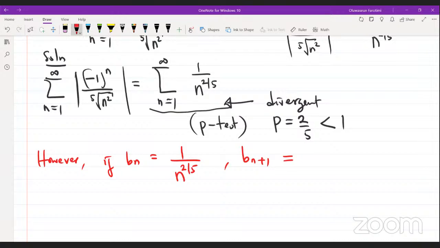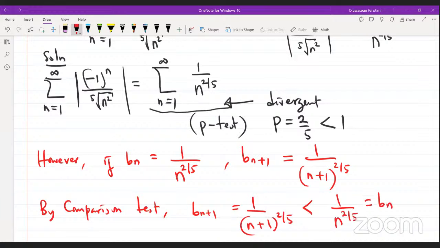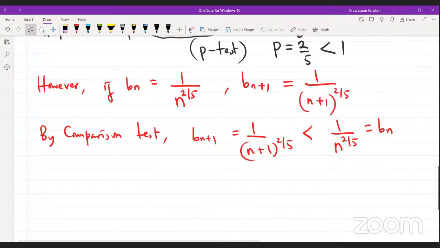All right, let's go. So this is going to be 1 over (n+1) to the power of 2 over 5. Okay, so let's see. By comparison test, what can we see? My b_(n+1), which is the same thing as this guy, is less than 1 over this guy, which is my b_n.